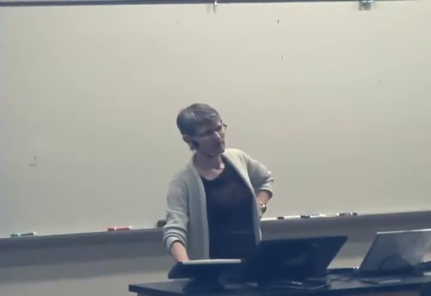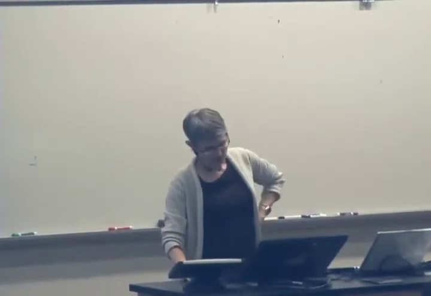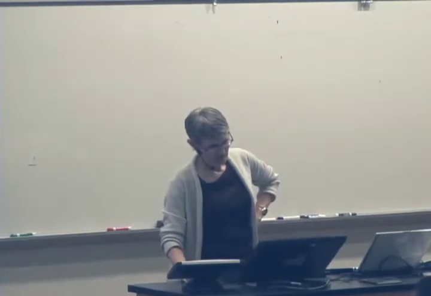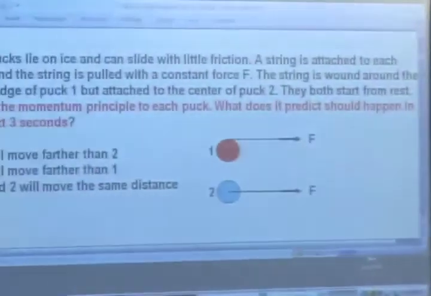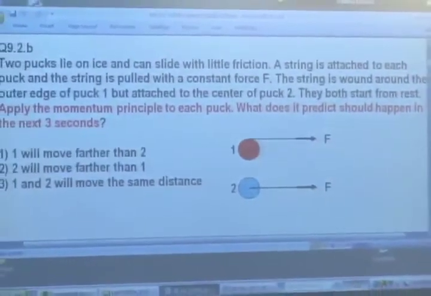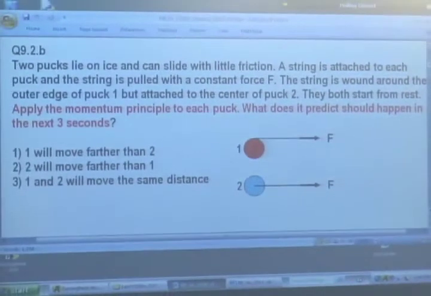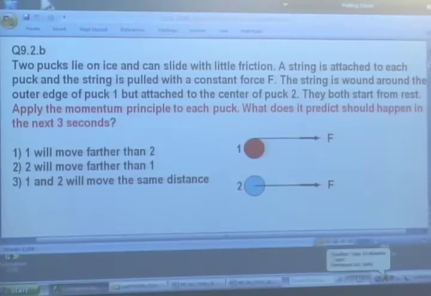Okay. So now that you've just tried to imagine the situation, let's bite the bullet and try to apply some physics principles. Same question, except we're going to use the momentum principle and see what it says. You've already told me what you think is going to happen, so let's see what the momentum principle applied to these pucks says.